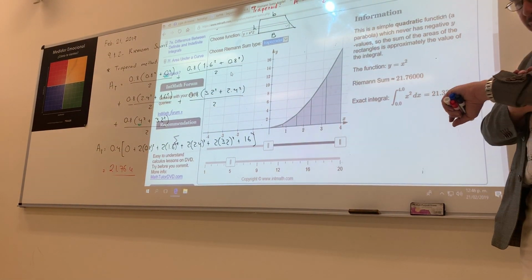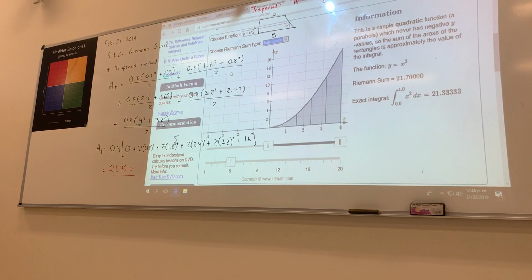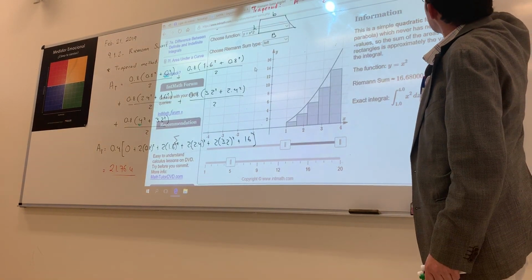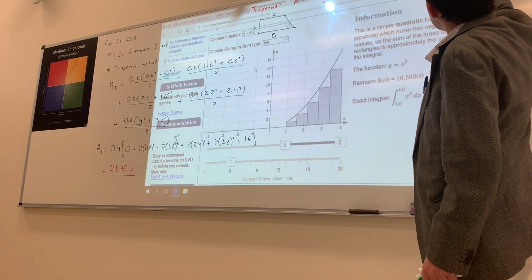Okay, let's try summarizing formulas. So we have to do this, and then we have to finish, okay? Instead of using from 0, you start with 1. It will be better, so you can see it better. From 1 to 4, 5 rectangles. An example. We're going to generalize formulas.